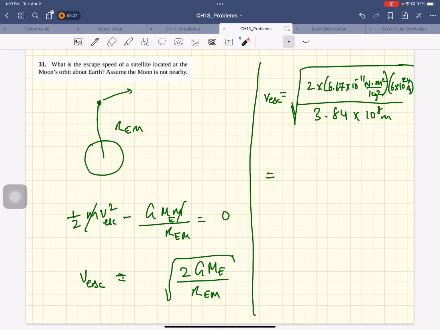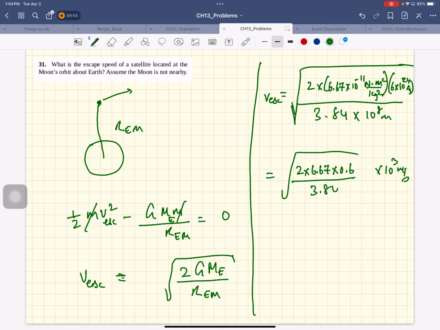So, okay, 24, 13, 5. We'll borrow 1 and 6. Okay, so into 10 to the 3 meters per second, 2 into 6.67 into 0.6 divided by 3.84. Okay, so that's what it works out to.